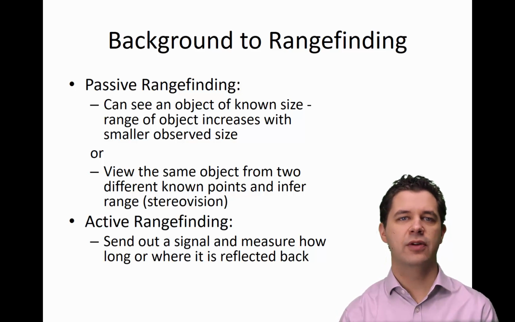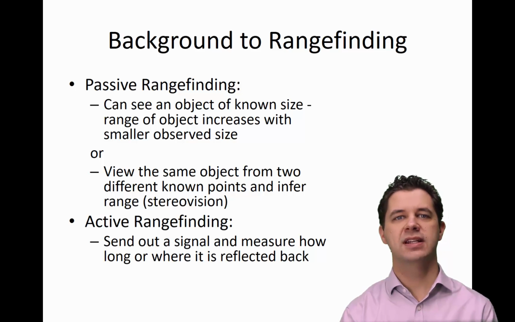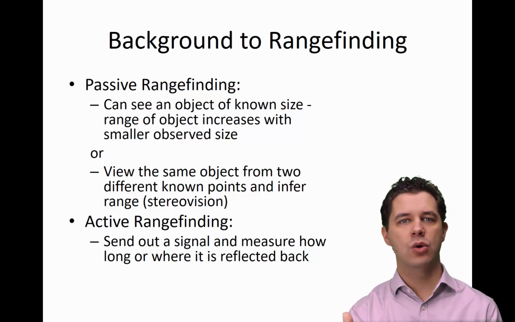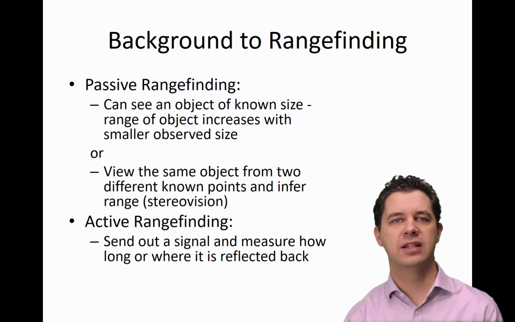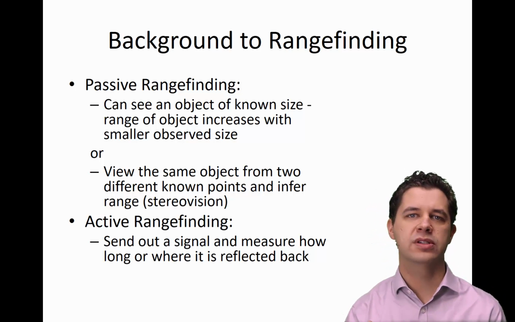We can also use active range finding techniques, and we'll be talking about each of these. In active range finding, we essentially send some sort of signal out and we measure how long it takes for that signal to be reflected back to us. And based on that reflection, we can work out what the range was.